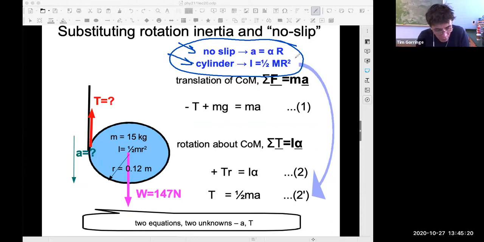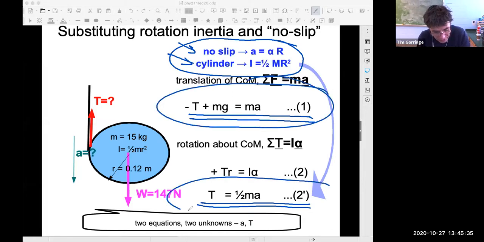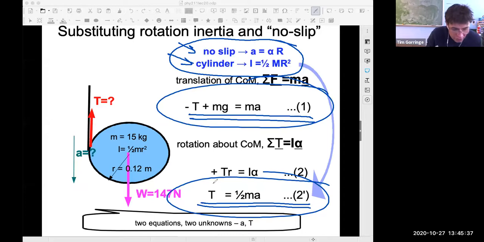When you do that, you get a modified second equation describing the rotational motion that can go with the original first equation describing the translational motion. It's these two equations, upstairs and downstairs, that we're now going to solve, because they contain two unknowns: the unknown downwards acceleration of the yo-yo, and the unknown tension in the string that's attached to the yo-yo.